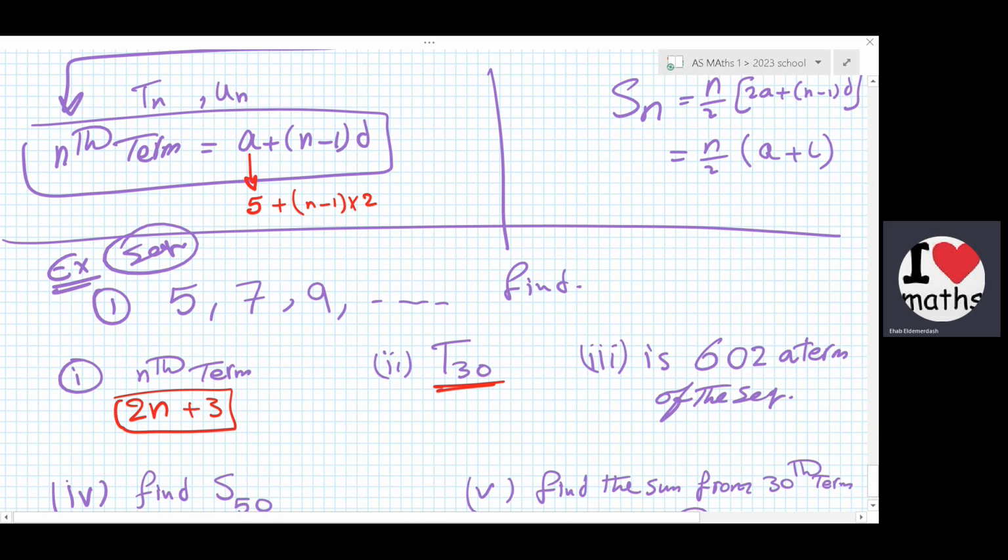How to find t30? I have to replace n by what, Hala? By 30, right? So it's 2 into 30 plus 3, and this will give me 63.